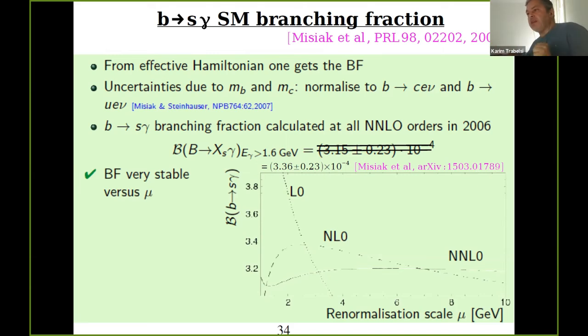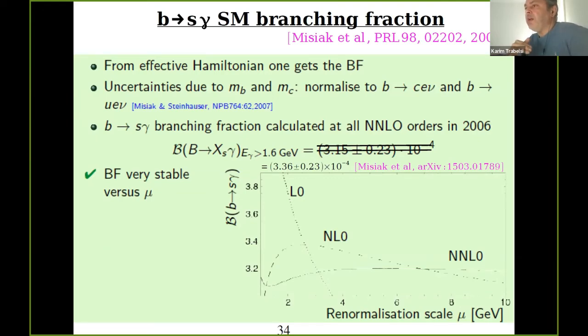Over the time, I think Misiak, one of the theorists involved in this calculation, once presented in conferences the evolution of the prediction, the improvement at the different steps. And you see that when the calculation is at next-to-leading order, sorry, it's quite poor quality, but then it becomes a stable and robust prediction compared to the earlier, or let's say lower order, calculation.